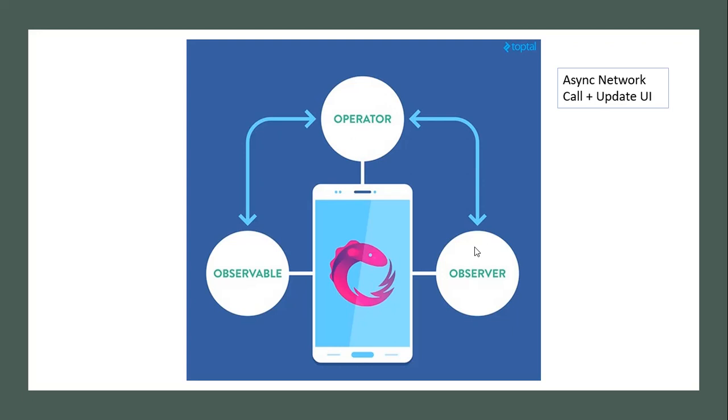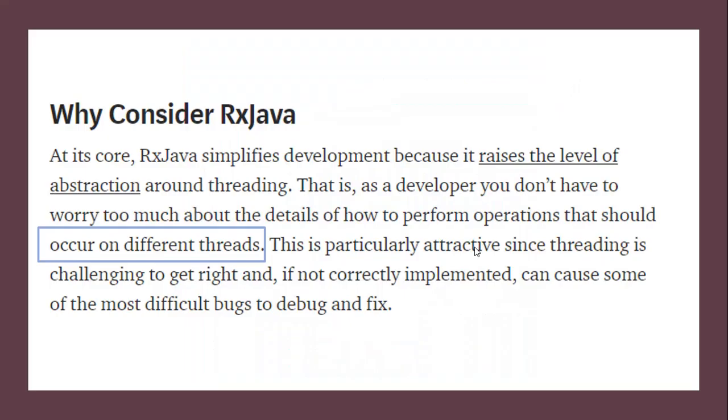We will have an observable, and we will subscribe to that observable, and that observable will tell us every time our data changes. So why should we consider RxJava? It basically handles threading for us, where we had to manually code the threading before.